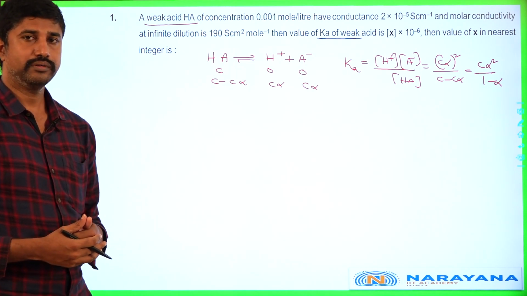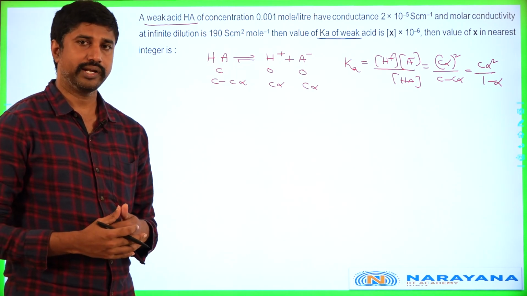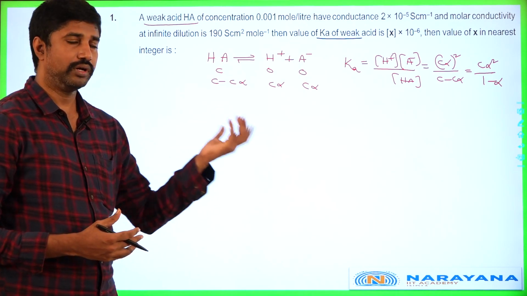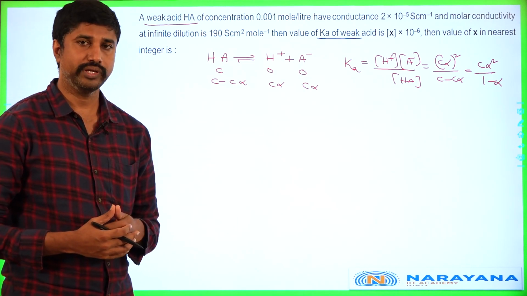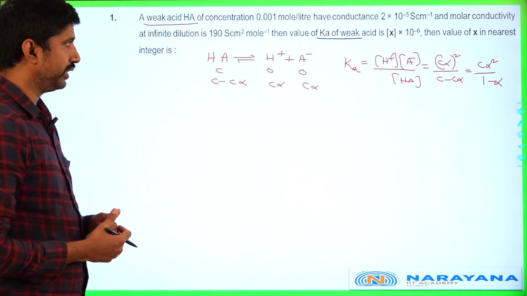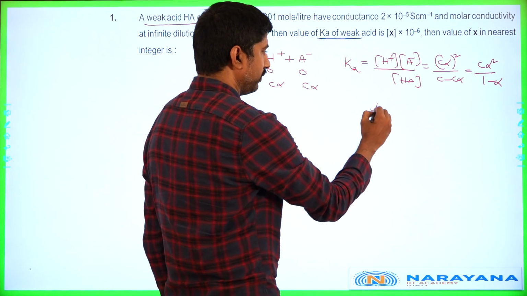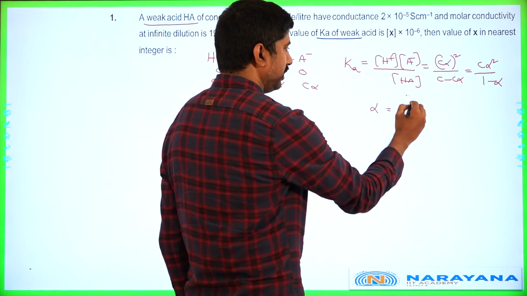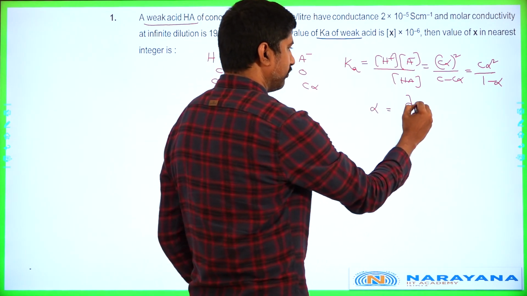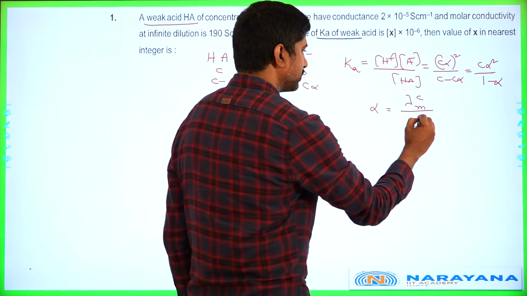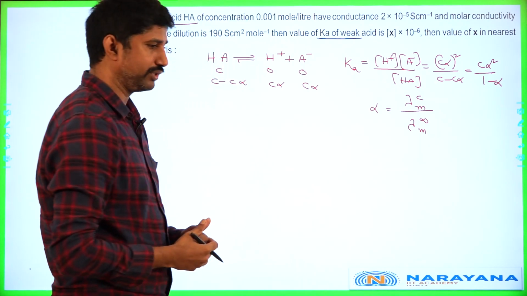With the help of electrochemistry conductance measurement data, we can find alpha for a weak electrolyte. Alpha of a weak electrolyte will be given by the molar conductance at the given concentration divided by the molar conductance at infinite dilution.